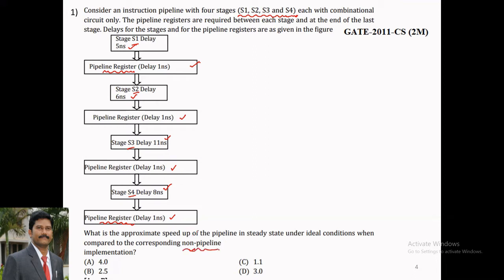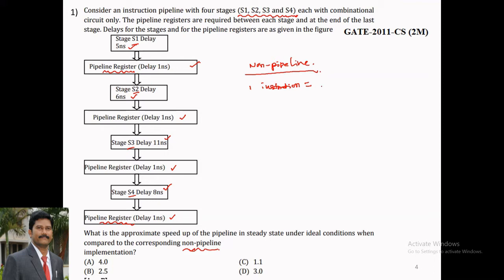For non-pipeline, suppose these stages and pipeline registers are not there. To execute one instruction, it has to go through only one unit, which executes all the stages.